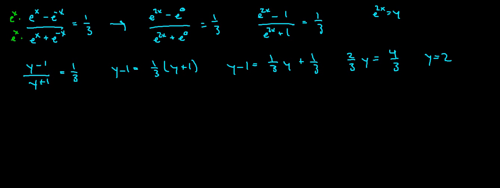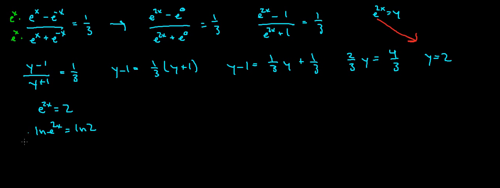Now, I substitute this back in for y. And I get e to the 2x is equal to 2. Take the natural log of both sides. Natural log of e to the 2x is equal to the natural log of 2.